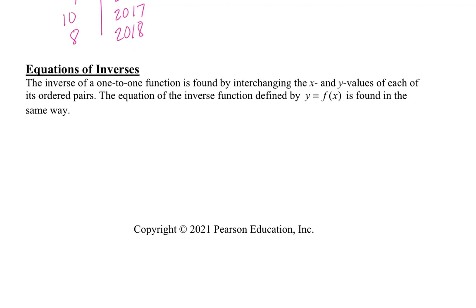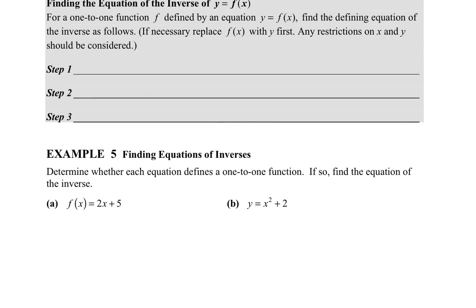Now, if we're talking about the equations of inverses, an inverse of a 1-to-1 function is found by interchanging the x and the y value of each of the ordered pairs like we just did. We just switched the x and the y. The equation of the inverse is defined by y equals f of x and is found the same way. So here are your steps.